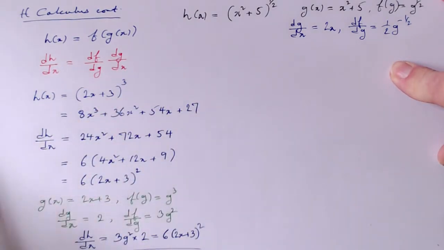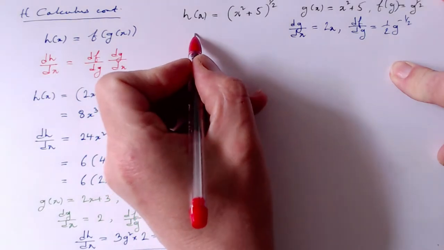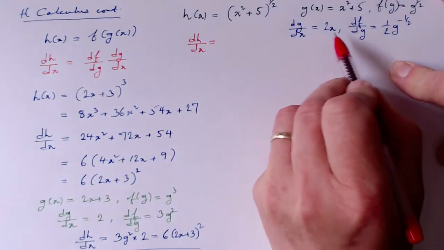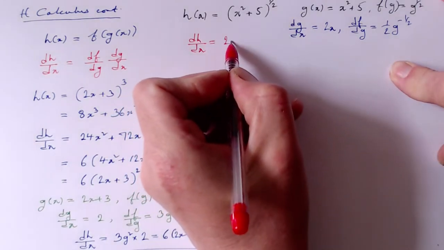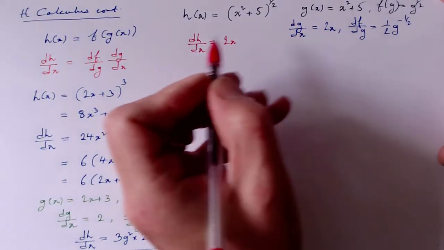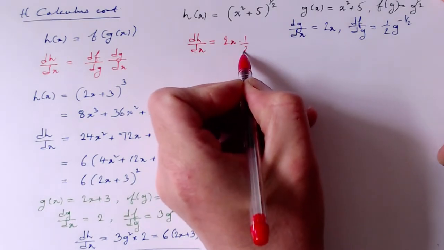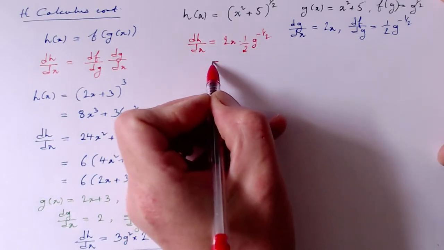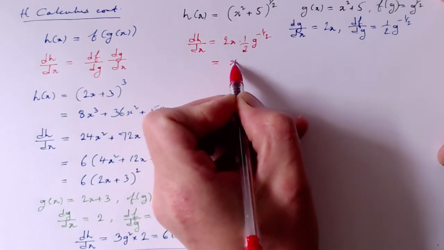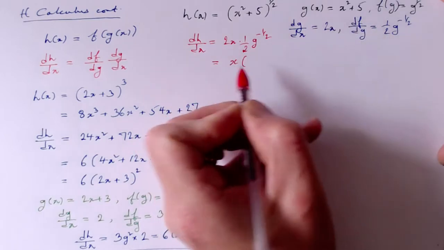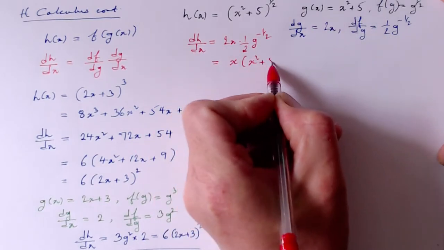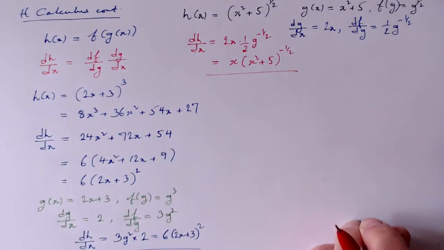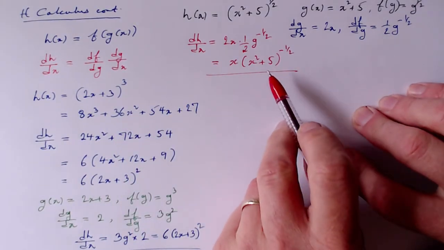So therefore we would find that dh by dx is 2 times x multiplied by 1/2 g to the minus 1/2. The 2's cancel and I get x, and then g, remember, is x squared plus 5, and that's to the power of negative 1/2. And there is the derivative of that function according to the chain rule.